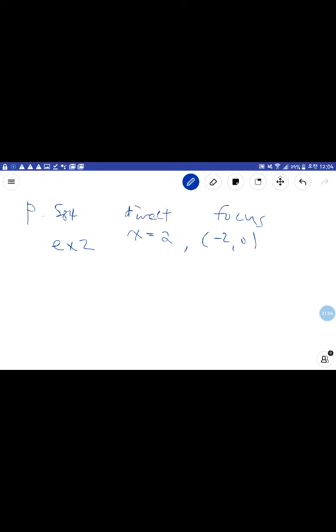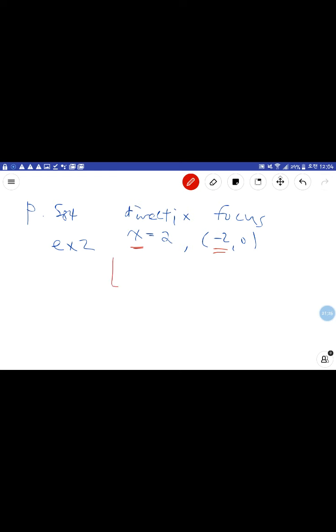From here, what should we be looking for? We always need to find our p first. Their focus is negative 2, 0. I have an x, and my negative 2 is on the x-axis.